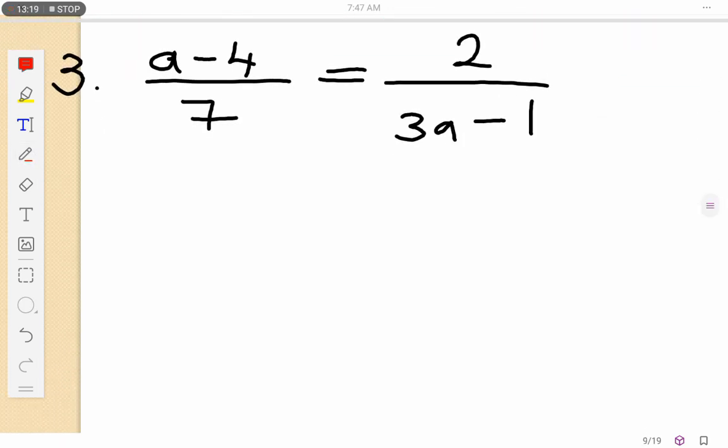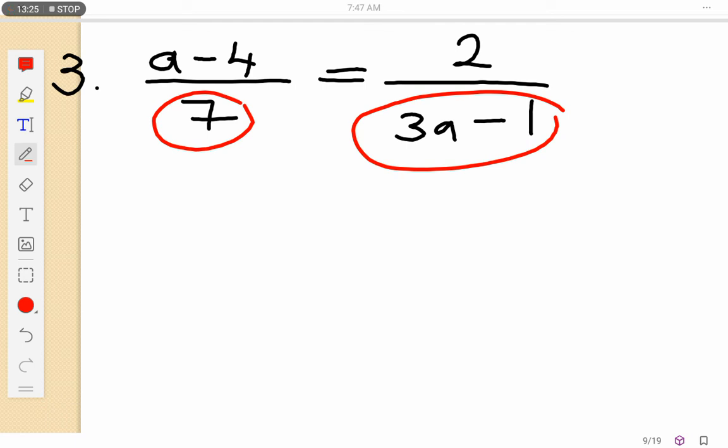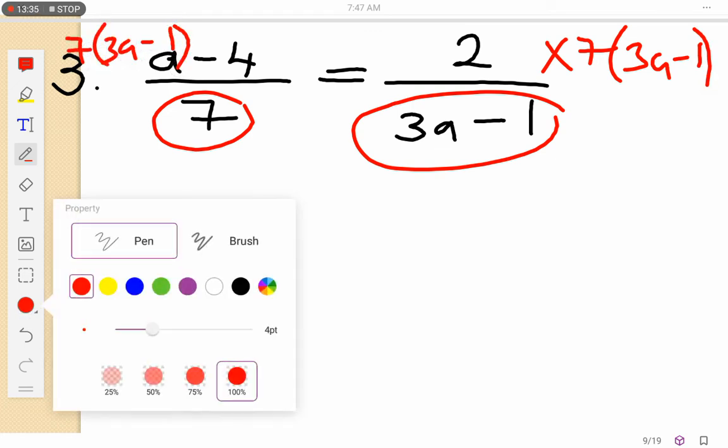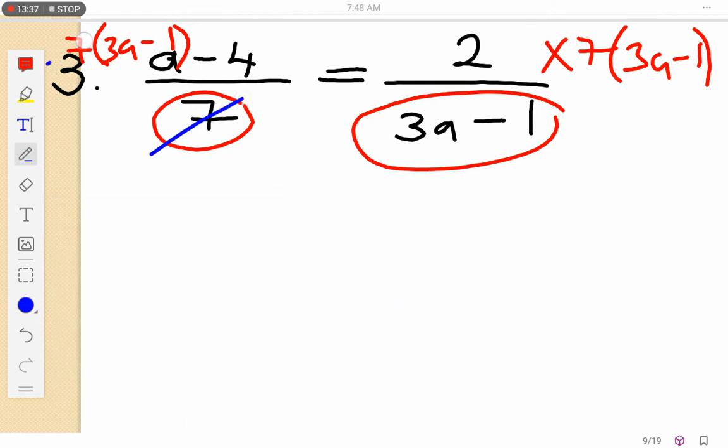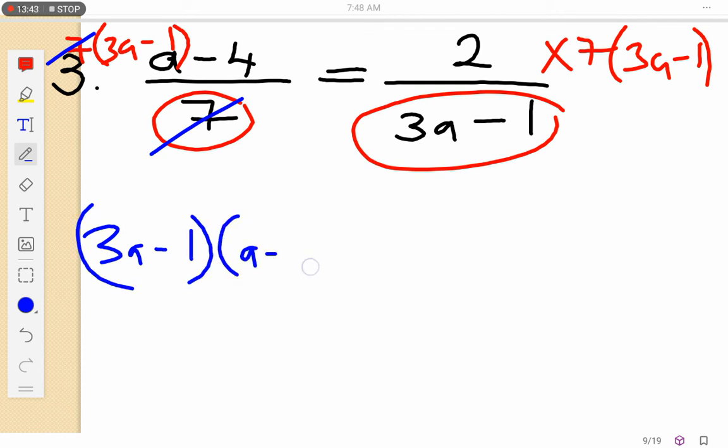This one, we can multiply both sides by 7 and also both sides by this factor there. So I'll multiply by 7 bracket 3a minus 1, like that. So I can divide. 7 and 7 will cancel off each other and we remain with 3a minus 1 multiplying a minus 4 on this side. This is equal to the right side.